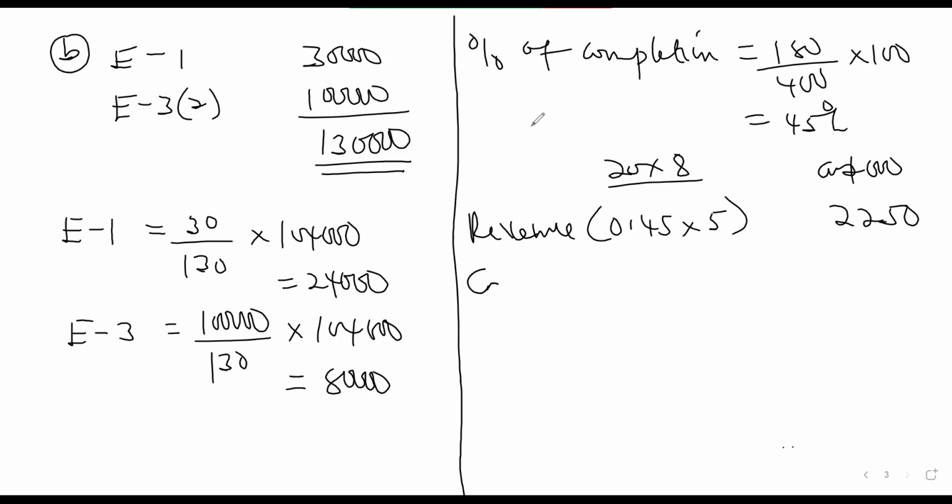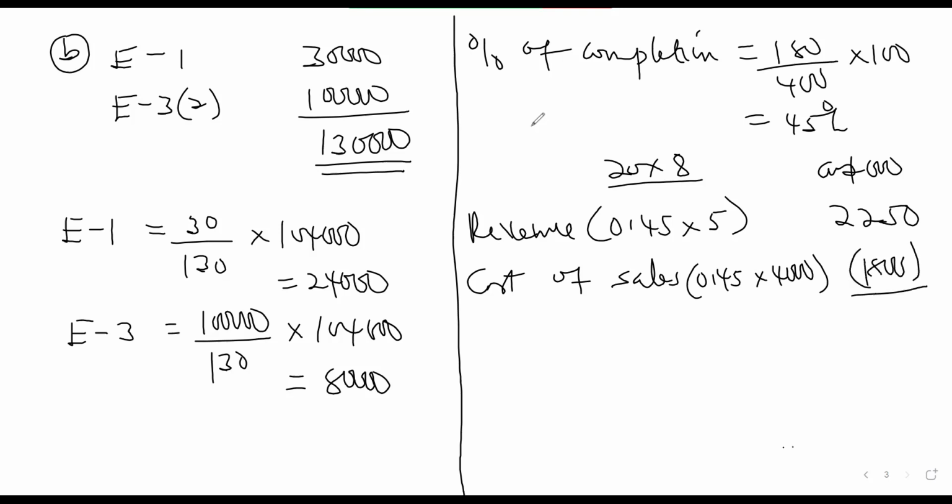Okay, what will be the cost of sales? That will be 0.45 times the total cost of 4,000. What are we having? 1,800.